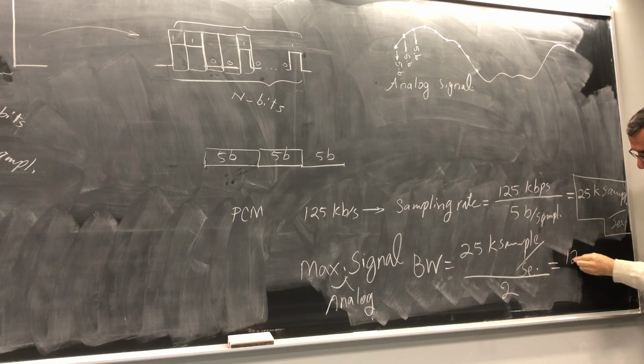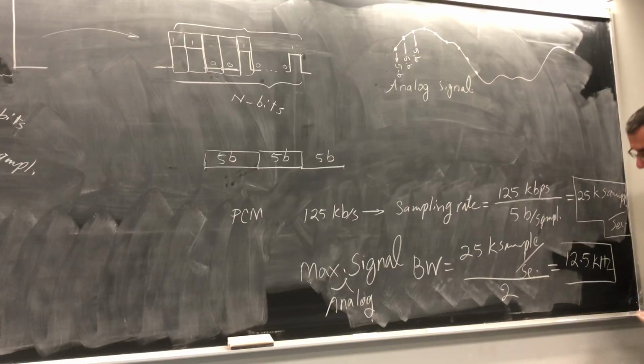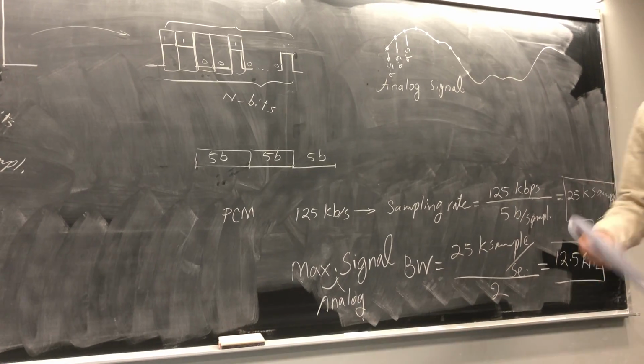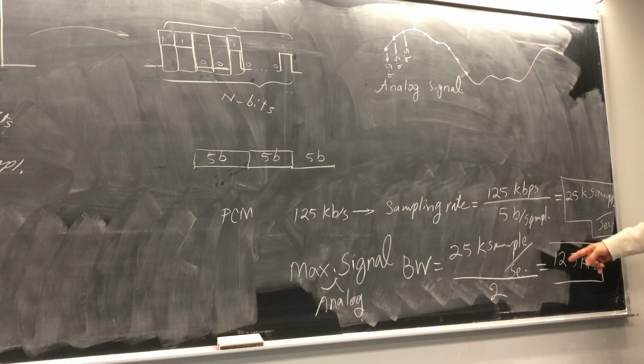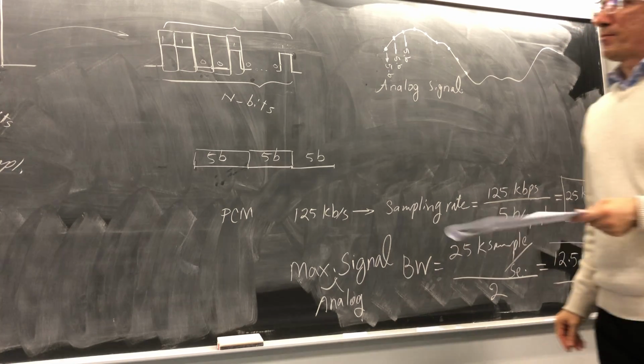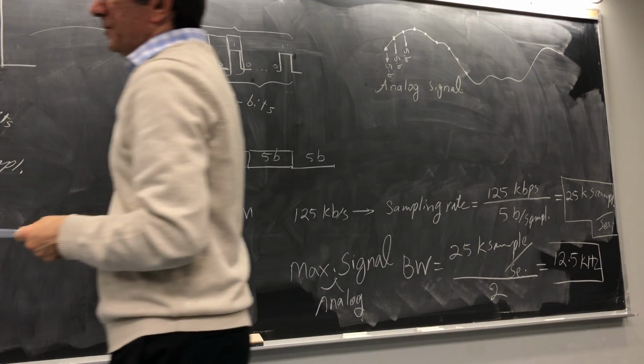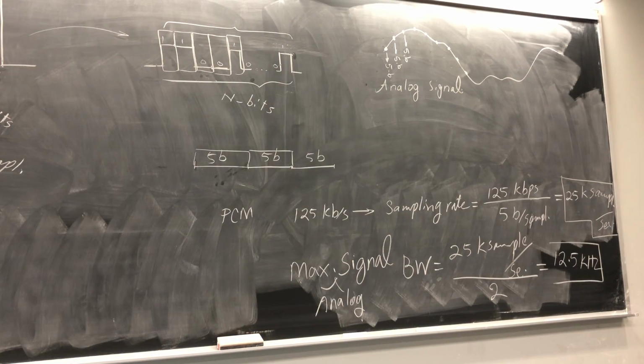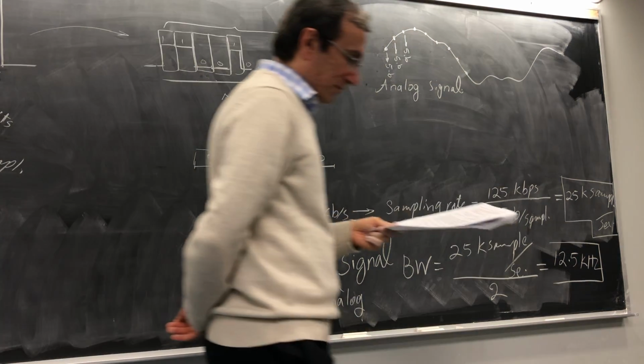So this is going to be 12.5 kilohertz. The maximum bandwidth for the analog signal would be this much if the samples are modulated into a PCM way and are transferred through a channel with a bandwidth of 100 kilohertz and a raised cosine filter of 0.6 roll-off factor is used.